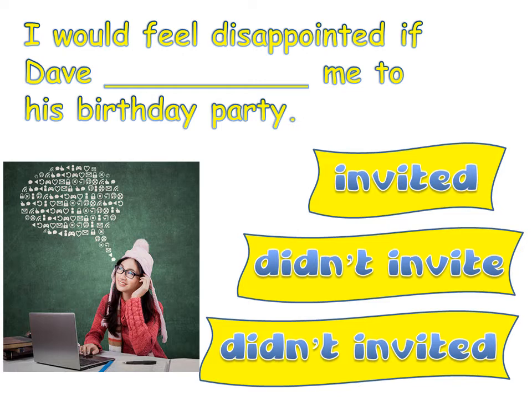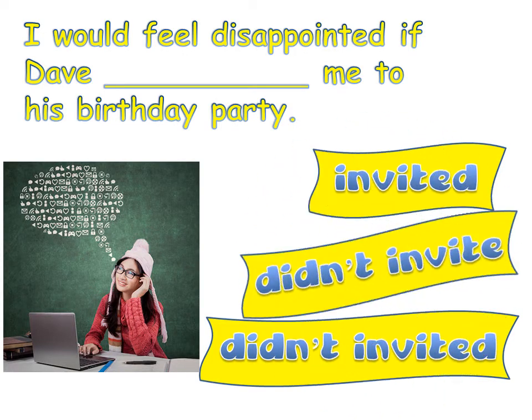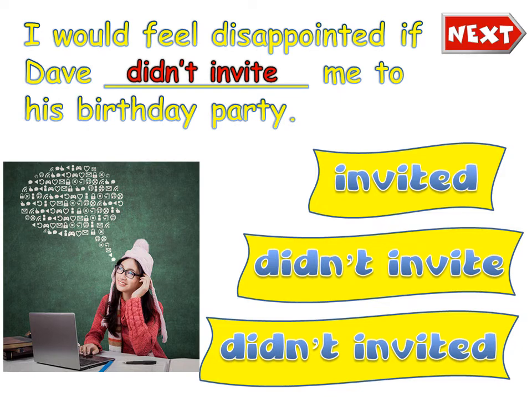Now, which one is correct? Of course, didn't invite. Because here I have disappointed, a negative feeling, a negative adjective. So I need to write if plus the negative form, simple past of the verb.